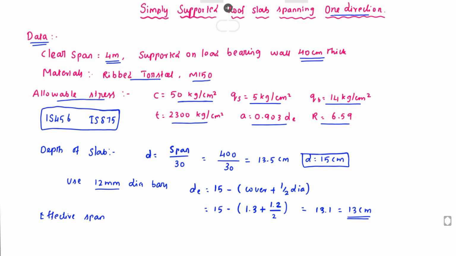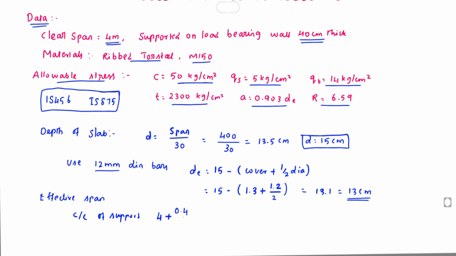Now the effective span is the least of three things. First, center to center of the supports: that is 4 meter clear span plus 0.4 divided by 2 plus 0.4 divided by 2, so we got 4.4 meter.